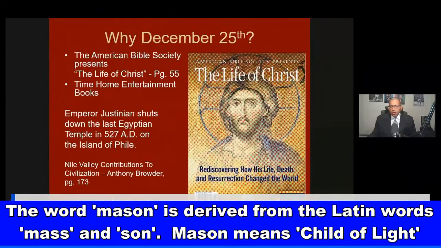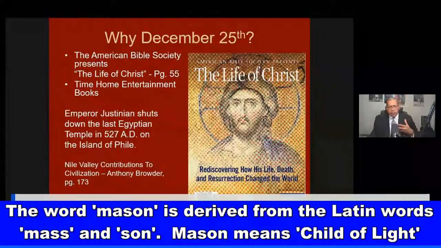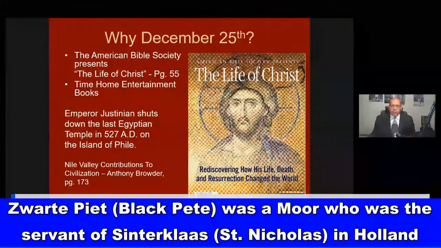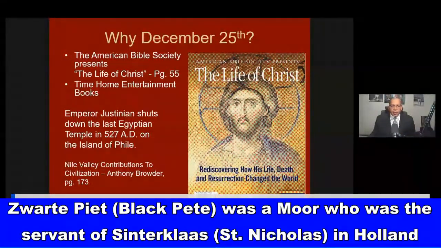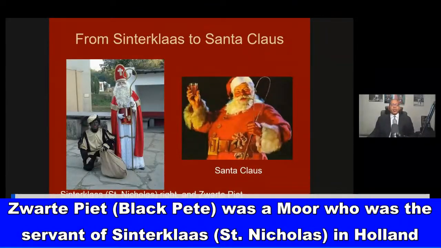So we also look at things like why Christmas is celebrated on December 25th, because nowhere in the biblical text does it state that Yeshua or Jesus was born on December 25th. We look at the origins of Santa Claus coming from Sinterklaas, which is celebrated amongst the Dutch in the Netherlands, and they have the celebration of Sinterklaas and Zwarte Piet.